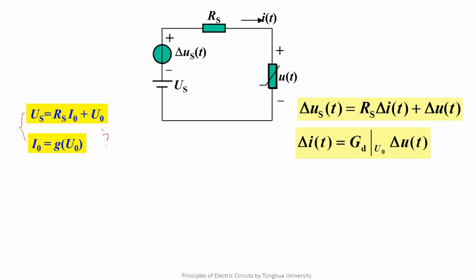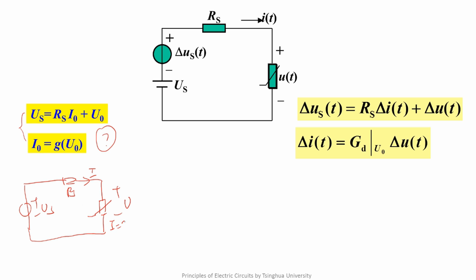What kind of circuit should it be? Very good. It should be such a circuit. Right? For this circuit, we get this equation by the KVL and get this equation by its relationship. The working point is U0, I0.